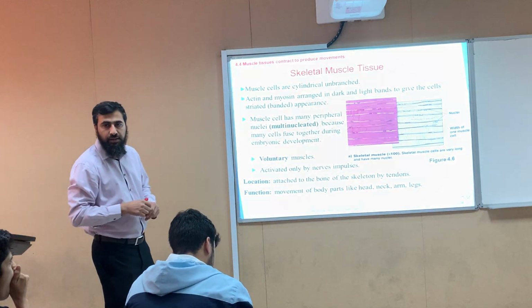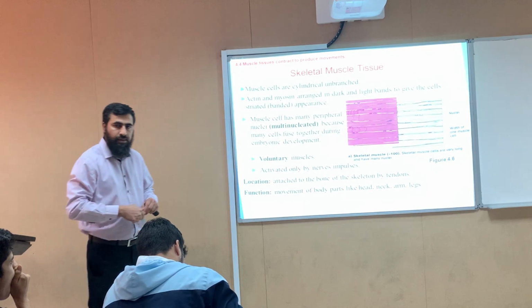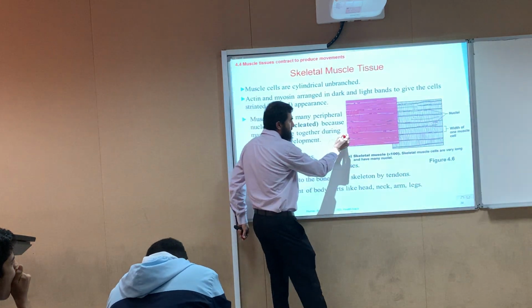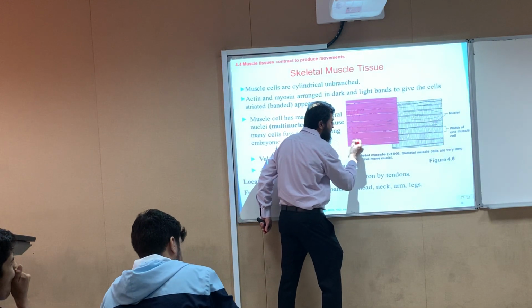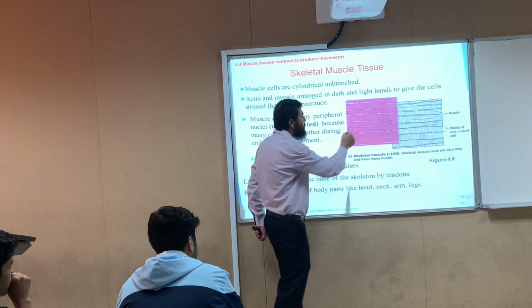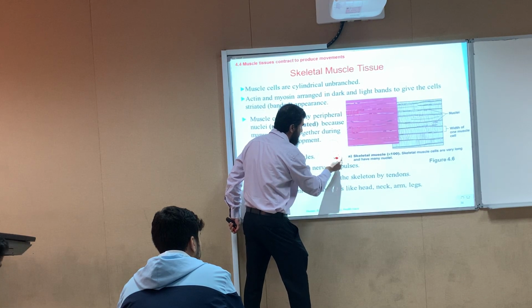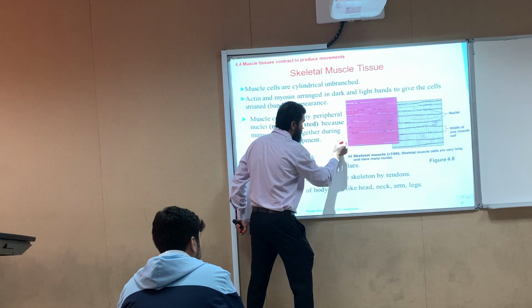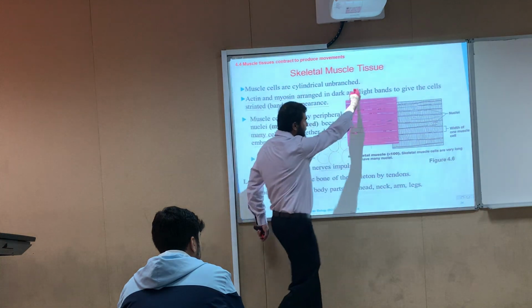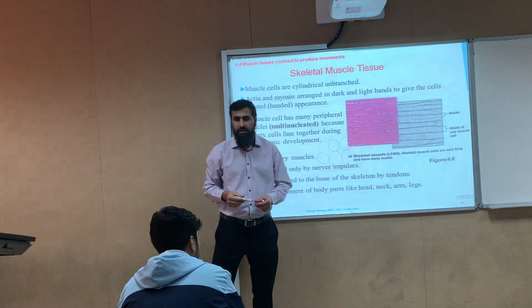So, the cylinder shape, is it only the fused cell or the whole layer? The one giant cell, one big cell, if you cut a cross section through here, you will see it like this. Each one of these is one cell.